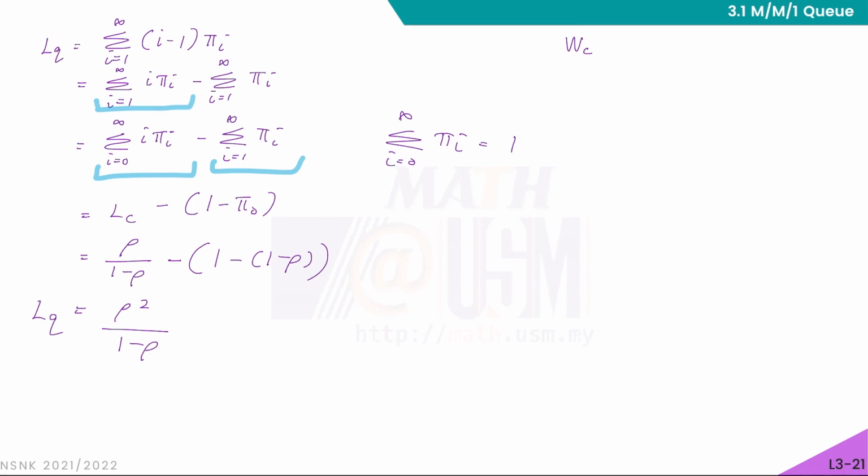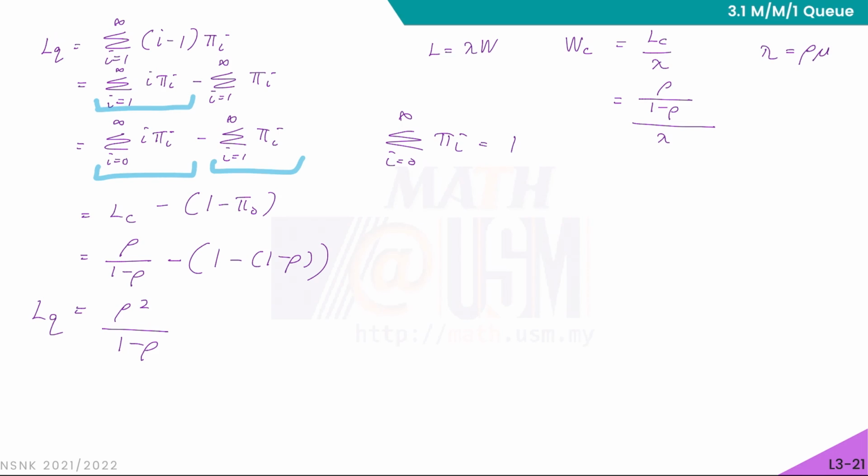Okay, so remember Little's formula, L equals lambda W. So for your WC, you just take LC over lambda. So rho over 1 minus rho over lambda. You can substitute your lambda equals rho mu.